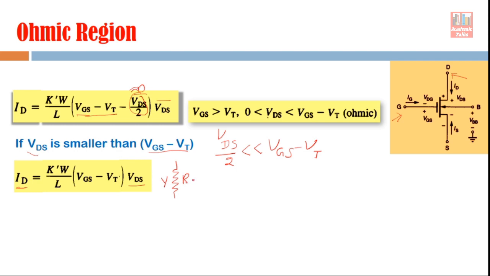If you want to find out this resistive parameter, you know that it is V by I, and here V is VDS and I is ID. So from this equation, if you find VDS by ID, this whole part will go to the other side, and here it was multiplied, so there it will come as 1 by this whole part, and the ID will come here in the denominator. With these kinds of manipulations, you can find the value of R from here.